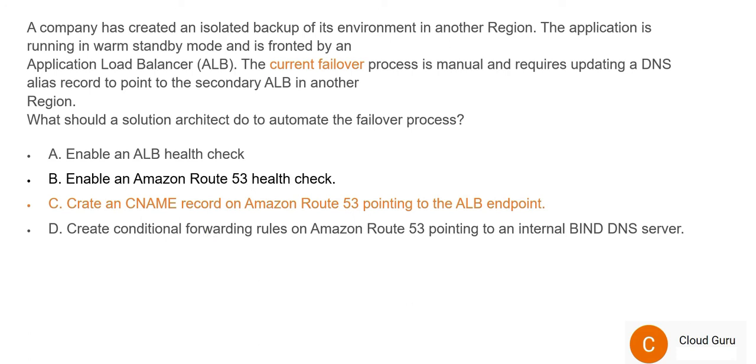Again, this is saying use conditional forwarding rules. What it will do is, based on a certain condition, like if users are accessing from a certain region, then you forward it to this DNS. If it is coming from North America, you forward to this DNS. This is conditional forwarding. Here is not a problem of conditional forwarding.